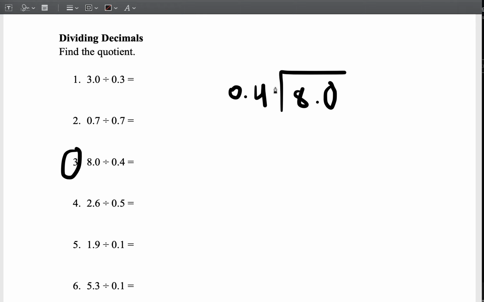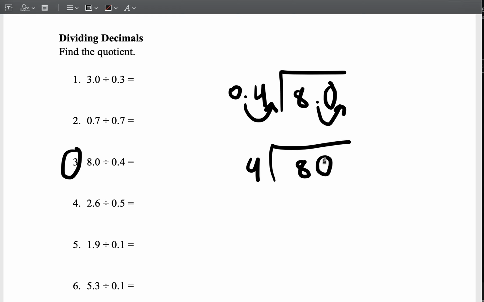So when you can't multiply a decimal on the outside here, you have to move the decimal to one side, and that'll just be 4. And if you want to move that to one side, you must also move this one to one side. So it would result to 4 divided by 80, basically. And the decimals are right here. And then 4, just divide like usual.